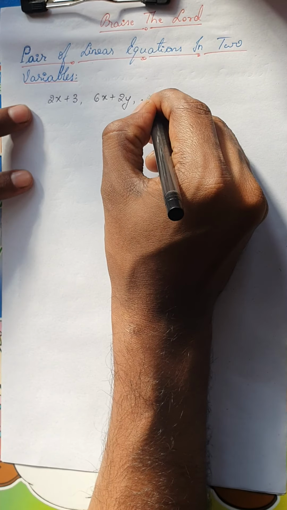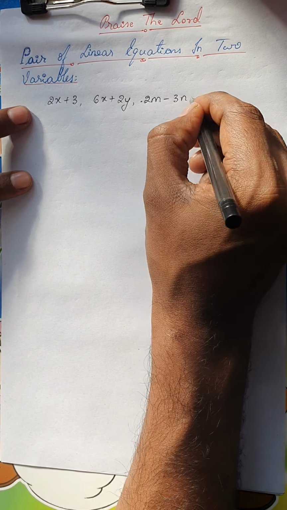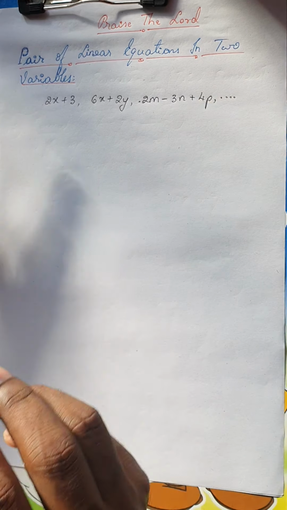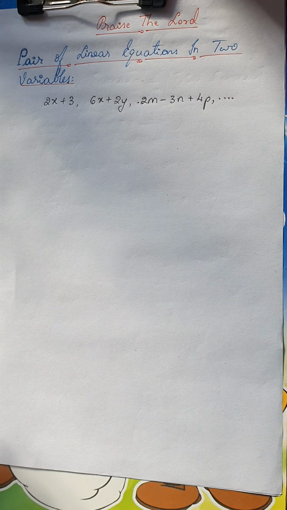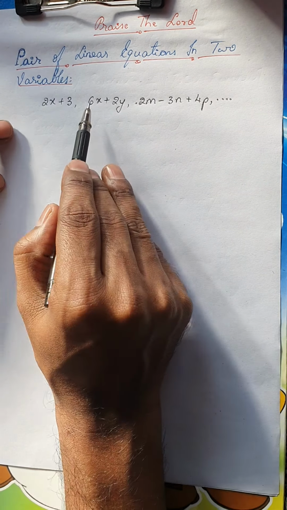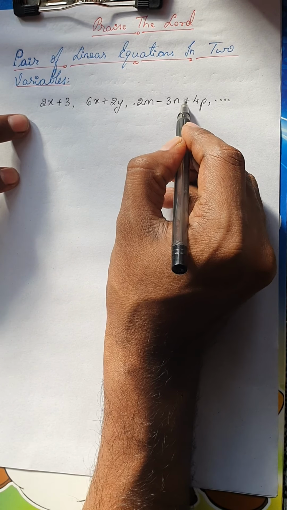You can also take an example of 2m minus 3n plus 4p. These are just mathematical expressions. The reason is they just have the plus or addition sign, subtraction sign, multiplication sign or division sign.